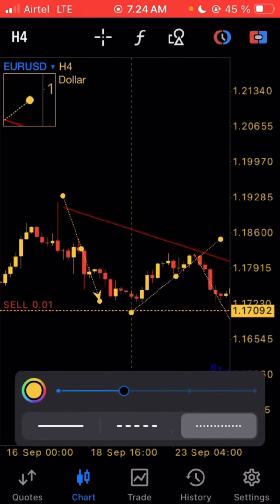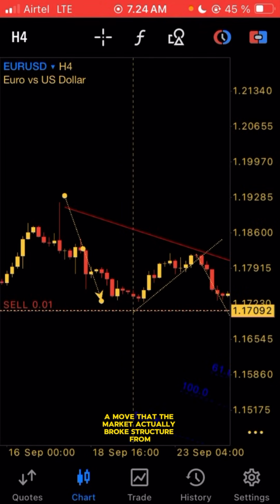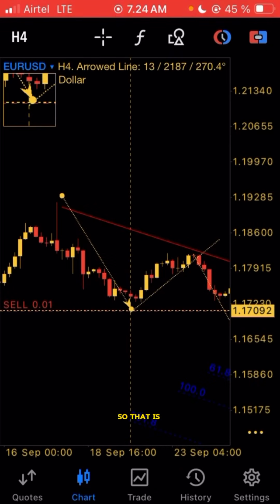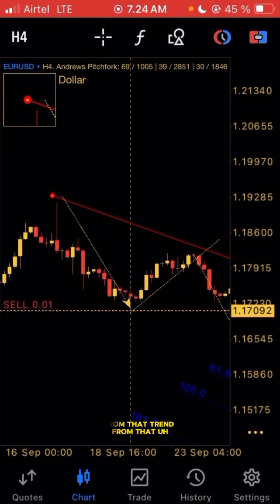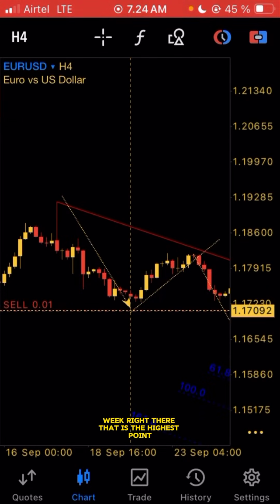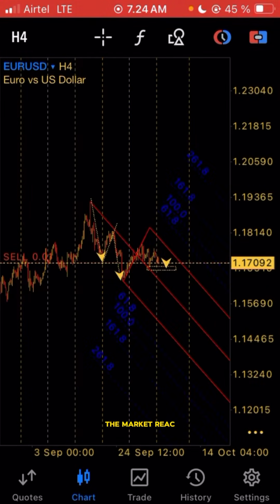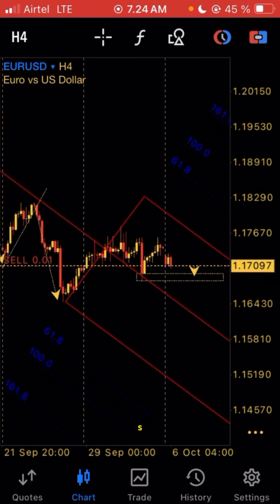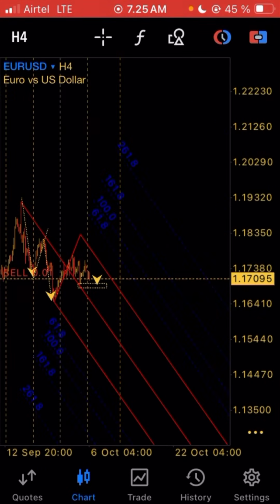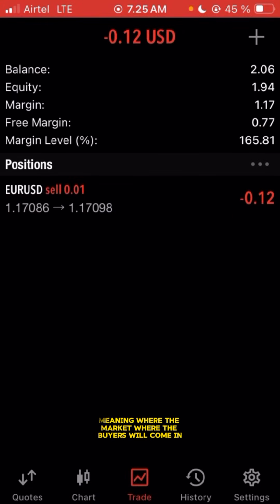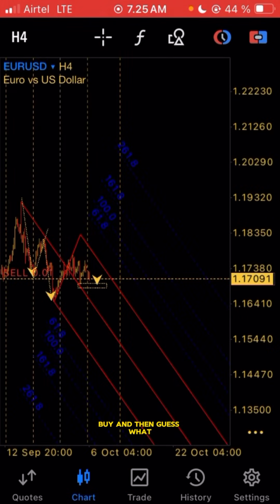All right, so this is actually a move that the market broke structure from. So that is the reason why I started the pitchfork from that trend, from that week right there. That is the highest point the market reached before it broke, and then the lowest point is the end of the pitchfork. So from there, the market will decide where it's going to retrace to, meaning where the buyers will come in, buy, and then guess what?